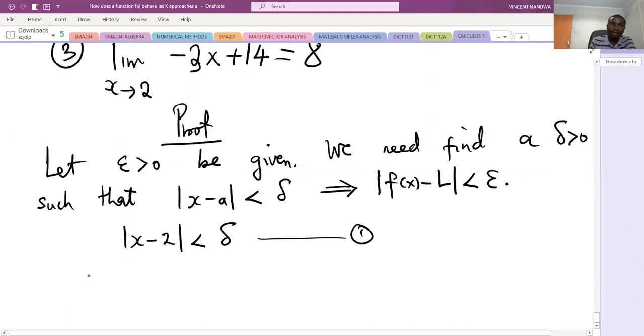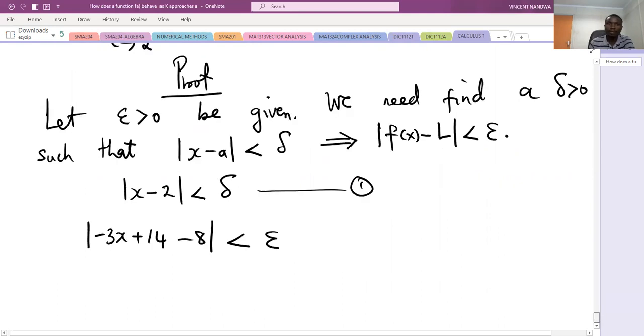And then f of x is minus 3x plus 14. L is 8. And this must be less than epsilon. So minus 3x plus 14 minus 8, which is plus 6, is less than epsilon.